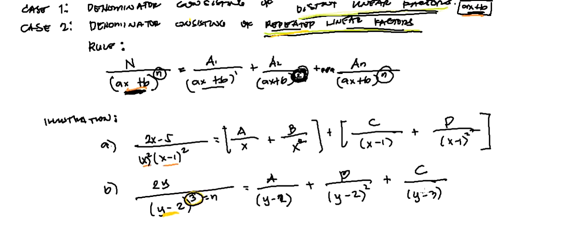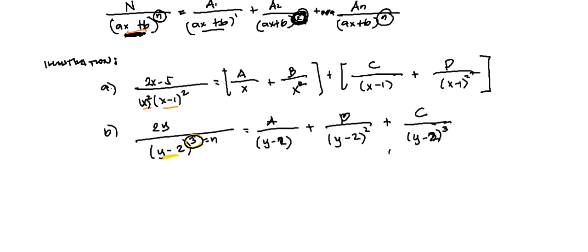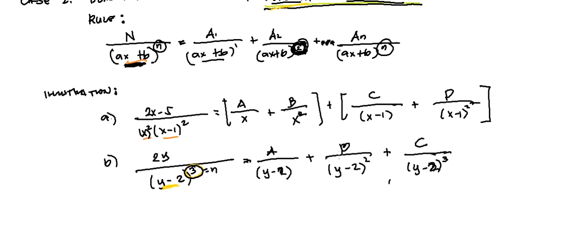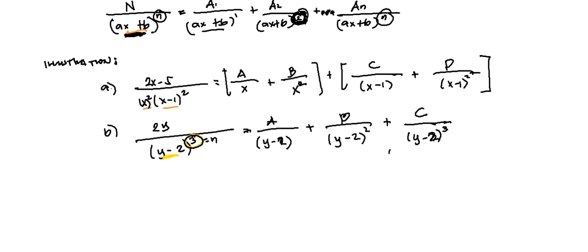So we have C. Now we end here since our third part is equal to 3, and our n here is equal to 3. This will become our equivalent in terms of partial fractions, consisting of repeated linear factors in its denominator.